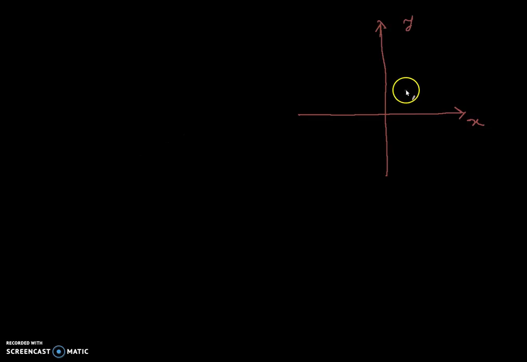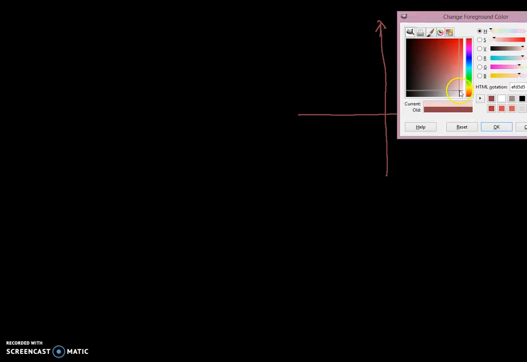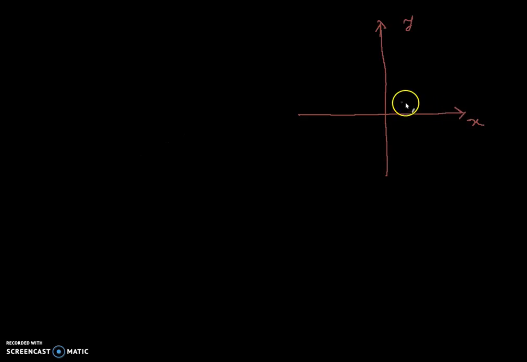Whenever you start to construct angles, you need to start from here, because this point is 0. This is 0 and this is 90 degrees. When you move in a counterclockwise direction, you're going in the positive direction. This is 180. Again plus 90 is 270.